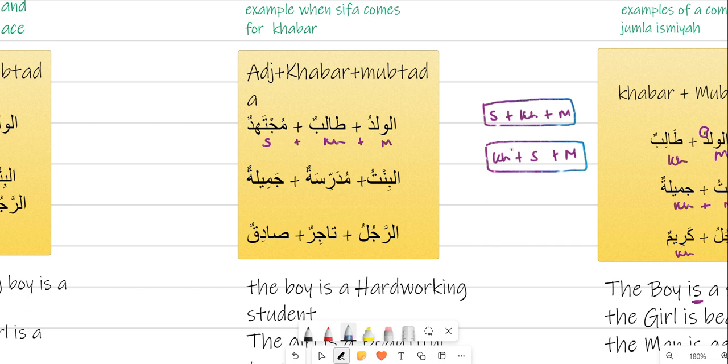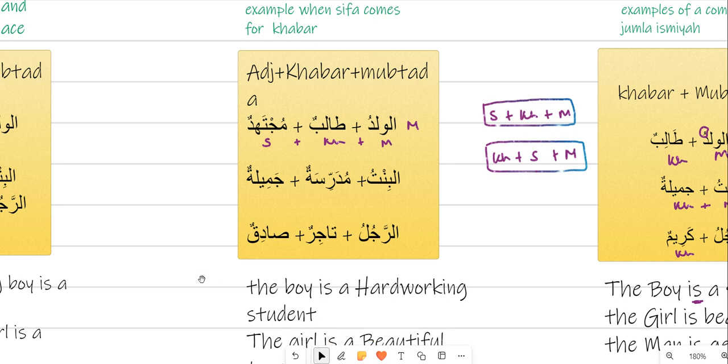Okay, now the first one is a masculine sentence, al-waladu talibun mushtahidun. So here mushtahidun means hardworking. It is describing the student, what type of student this boy is. So this boy is a hardworking student, as you can see in the translation. The second one is al-bintu.